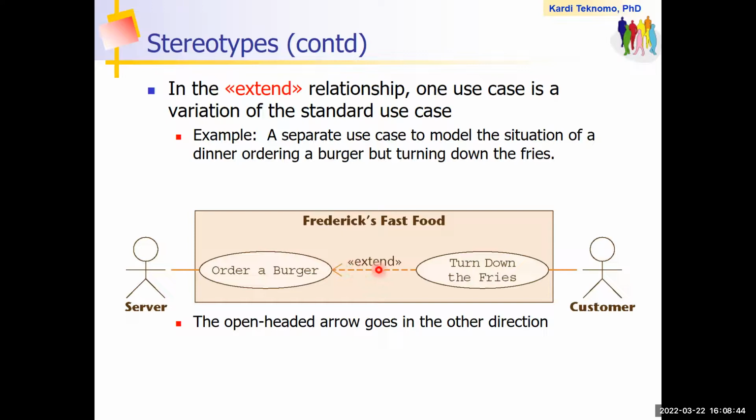So when you create the use case diagram, it's important to put in all the possible scenarios. Without putting in all the possible scenarios, you will not get a good design. That is very important.